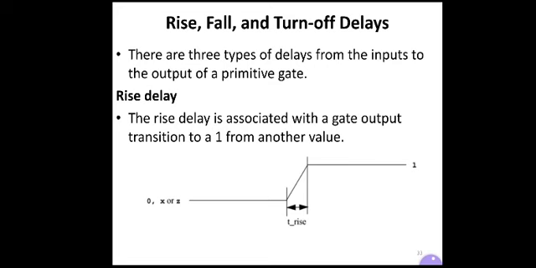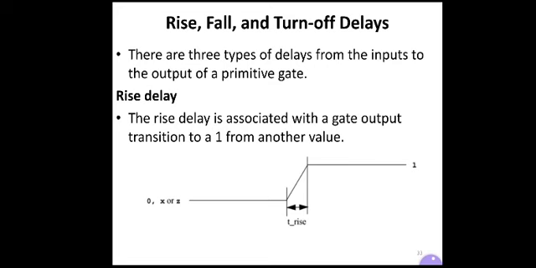That is shown in the figure. Observe the figure: 0, x, z. From these values, when the output transitions to 1, this is called rise delay. In between, the delay is shown as t rise, which is nothing but the delay.